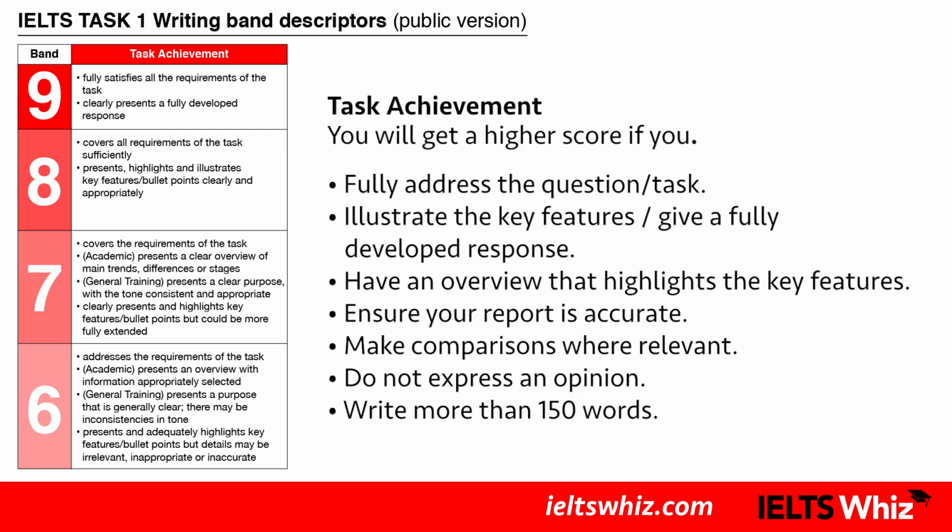For a high score, you need to have an appropriate overview that highlights the key features, and also ensure your report is accurate. You'll need to make comparisons where relevant, and in writing task 1, you do not need to express an opinion because you're reporting on the infographic provided. You also need to make sure that you write 150 words or more.